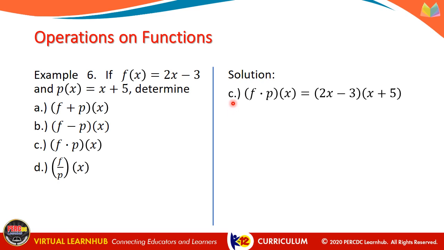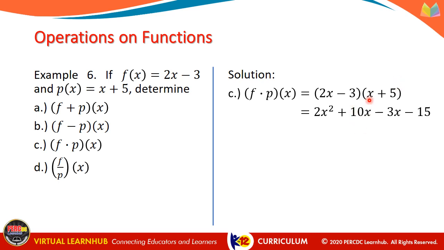Next, for letter C, f times p of x is equal to 2x minus 3 times x plus 5. Doing the FOIL method, 2x times x is equal to 2x squared. 2x times 5 is equal to 10x.